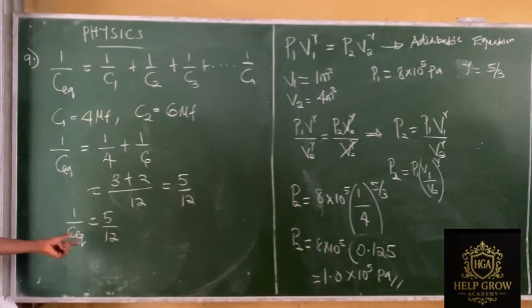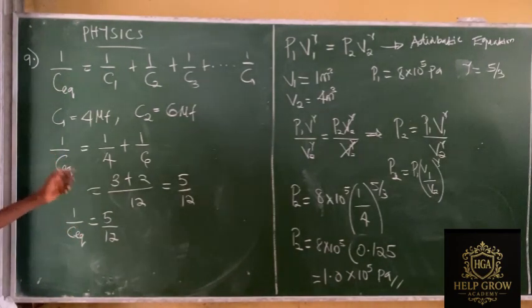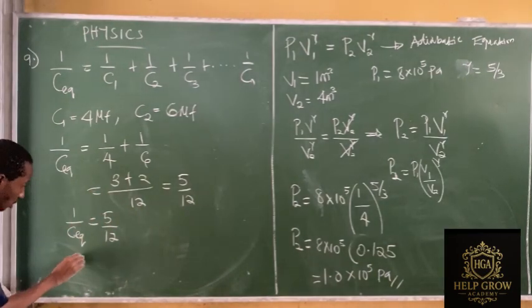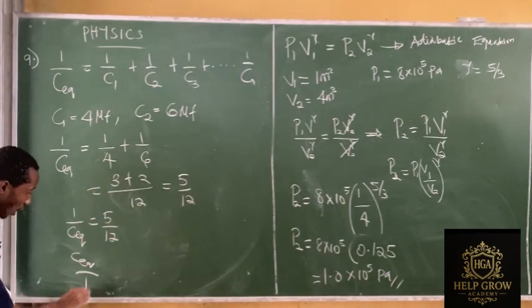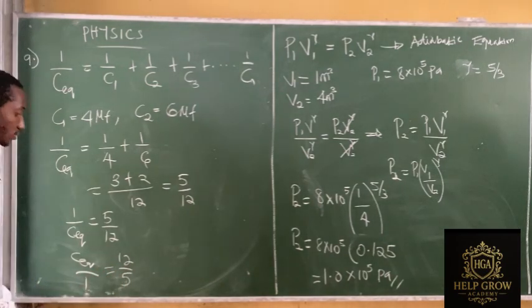Now at this point, we are looking for the equivalent capacitance and not 1 over this. We are just looking for this. So for us to remove this numerator, we take the inverse of both sides. This becomes C equivalent over 1 is equal to 12 over 5.